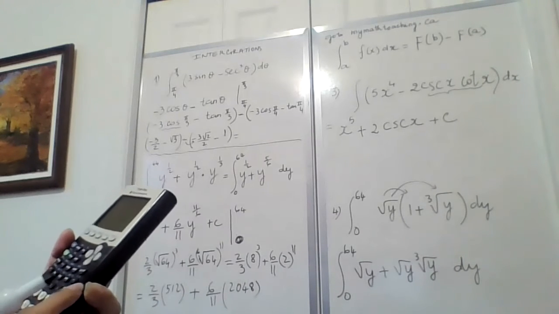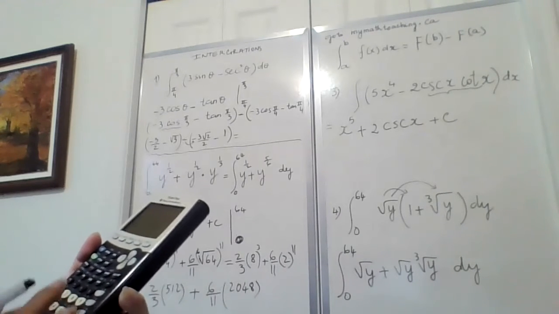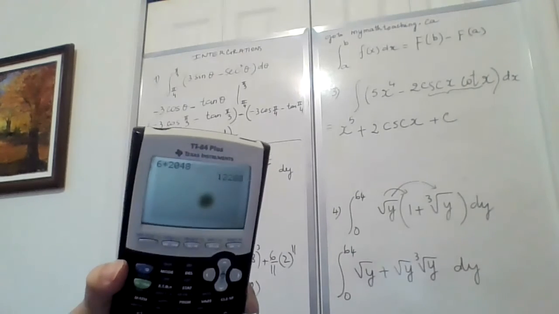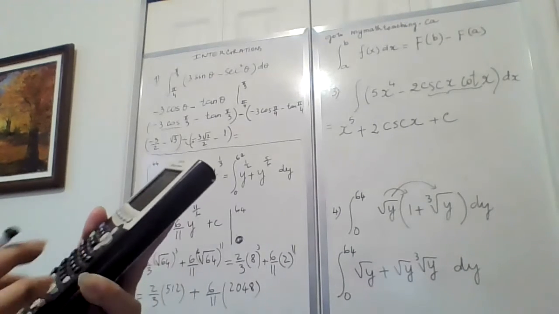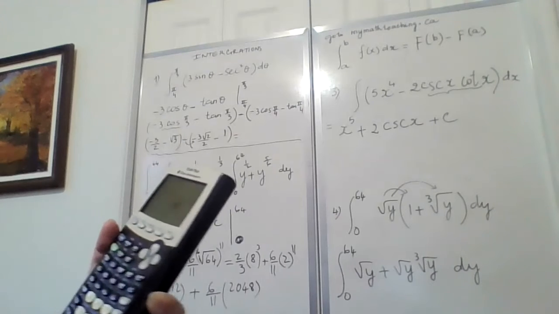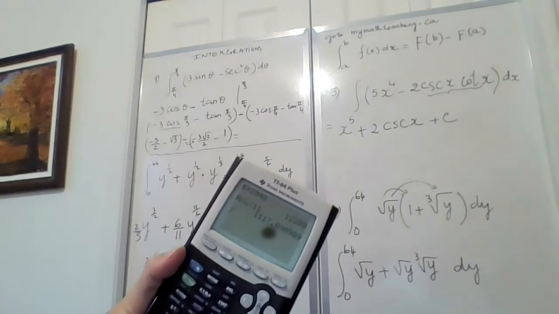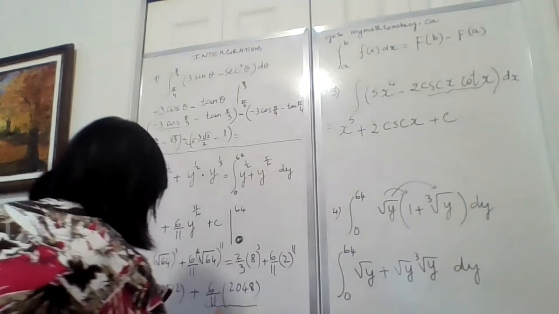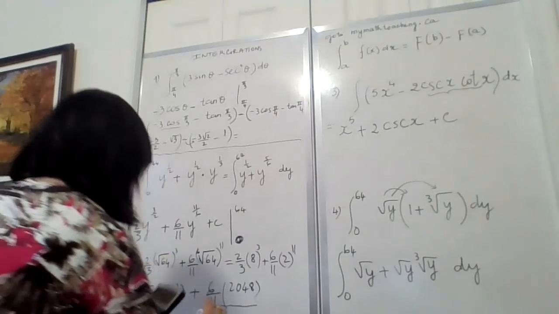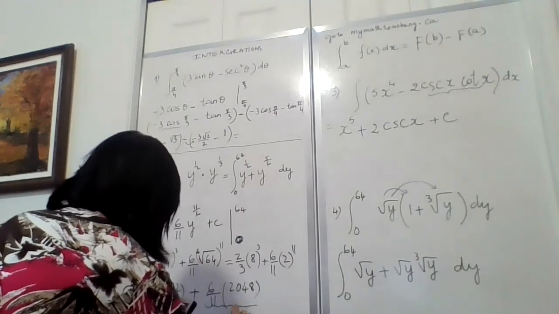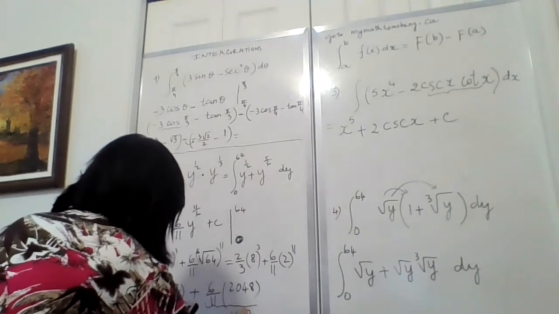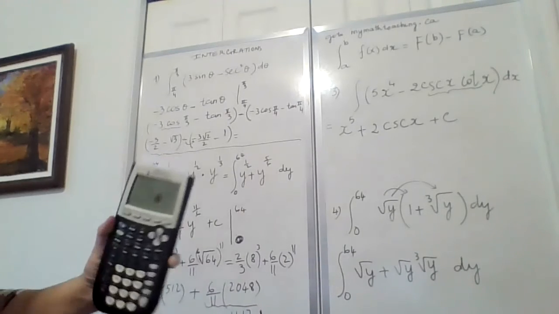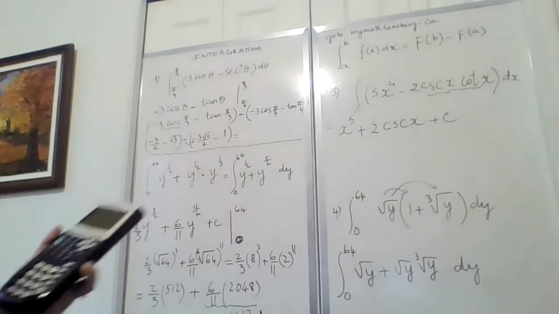If I have 6, I times with 2048, we get this number. Now I divide by 11. It will give me a decimal for sure. So that's the answer for that one. So this has the answer of 1117.1. Okay, so that's for that one.